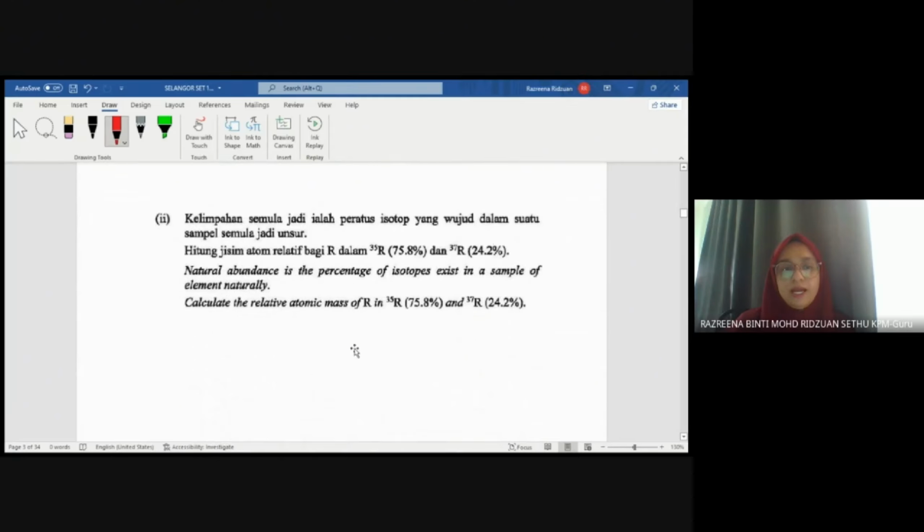Question D2. Natural abundance is the percentage of isotope that exists in a sample of an element naturally. Calculate the relative atomic mass of R in 35R and 37R. Okay, so to calculate this, very easy.